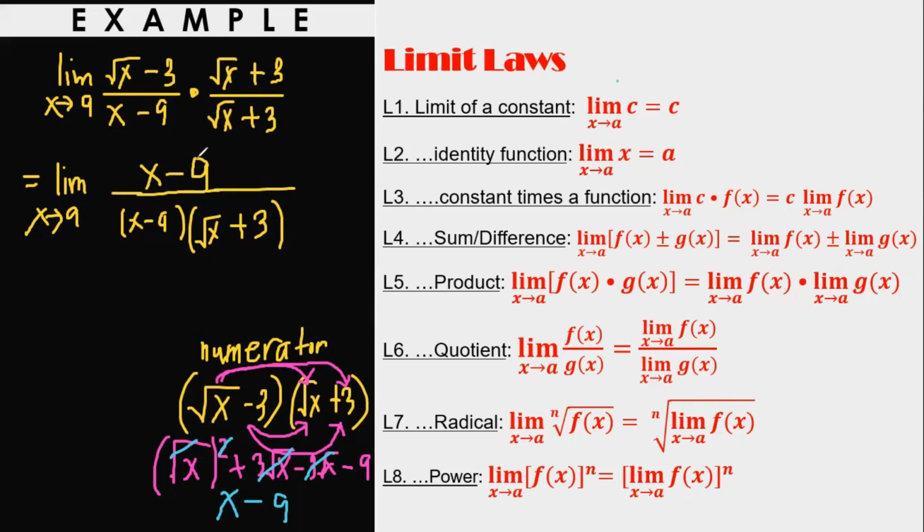So, since x minus 9 in the numerator and denominator are the same, we will be canceling that one. So, since wala nang natira sa numerator, understood na yung numerator niya is 1. So, limit of 1 as x approaches to 9 over yung natira sa baba, square root of x plus 3.